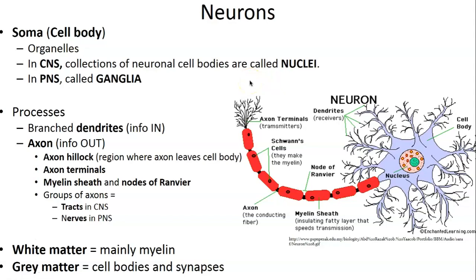When we talk about the axon, remember we said briefly that it was covered by this myelin sheath, which is just this insulating fatty layer that helps transmit those signals faster. And basically, what I want you to know is that when we talk about those two types of regions, we call them white matter, which is mainly the myelin, and the gray matter, which is the cell body itself and the synapses.